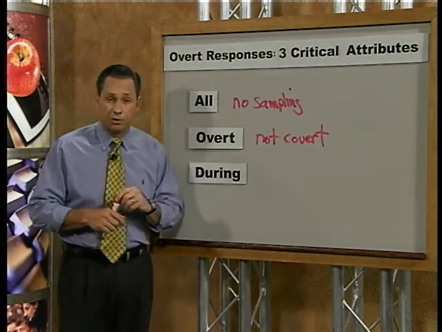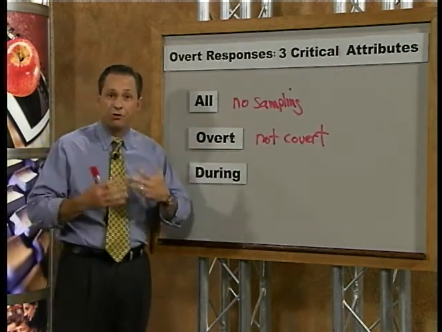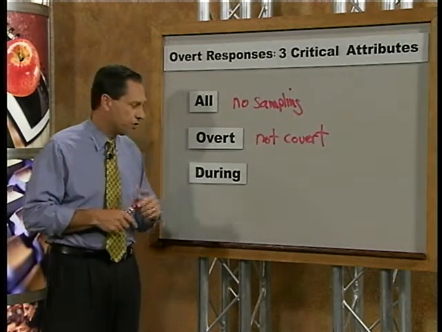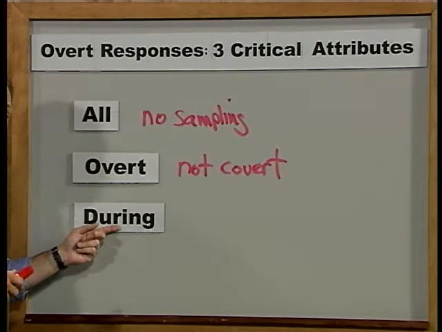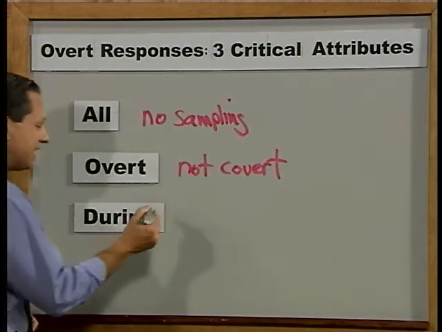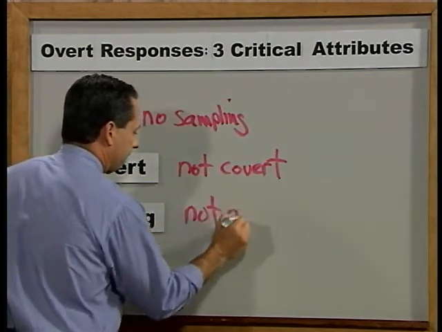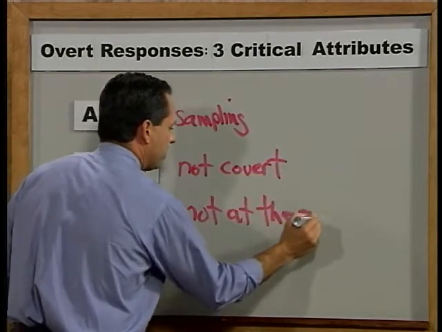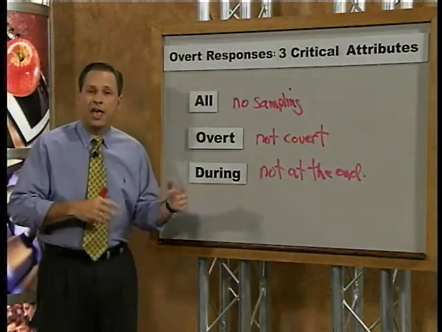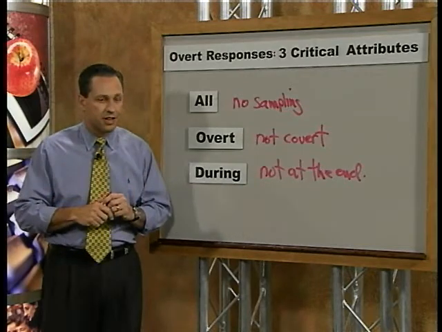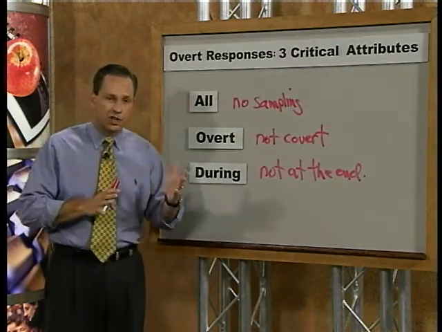Third critical attribute, the third theme that runs through those images of eliciting overt responses, is when it occurs: during the instruction, not at the end of the lesson. When we think about eliciting overt responses, it's important that we elicit them every 2 or 3 minutes, after every change in activity.